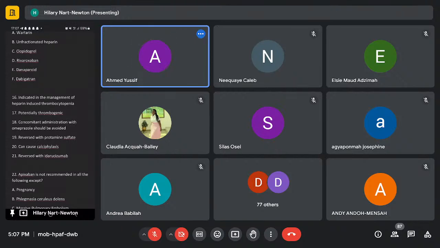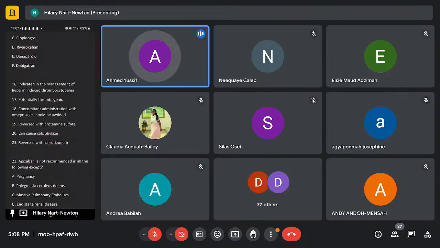lansoprazole, rabeprazole, or pantoprazole. So these are the ones you can do. Though all these are PPIs, these are weak cytochrome 2C19 inhibitors, whilst omeprazole is a strong cytochrome 2C19 inhibitor.